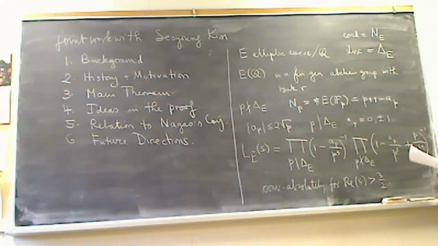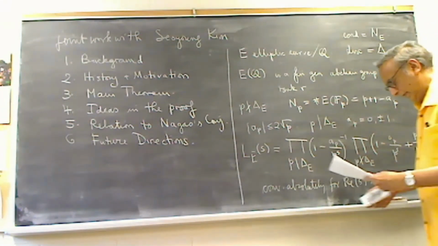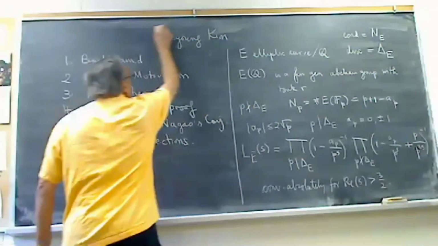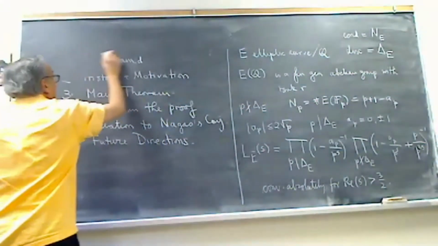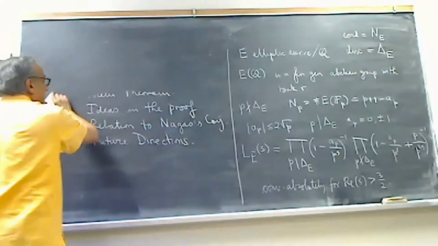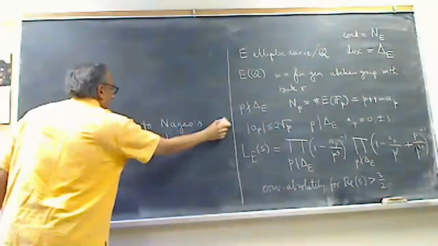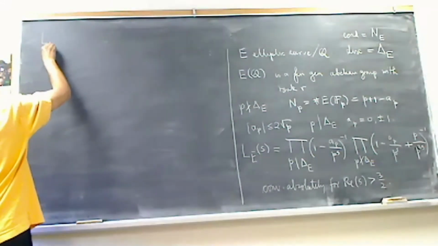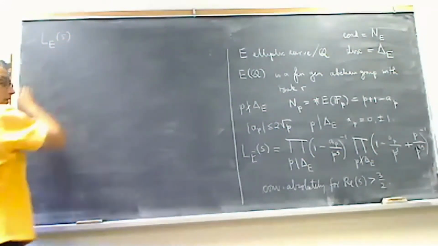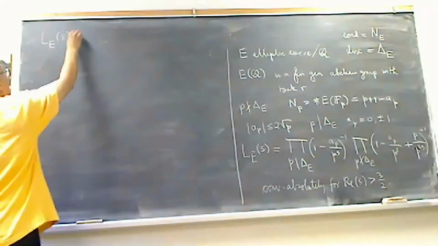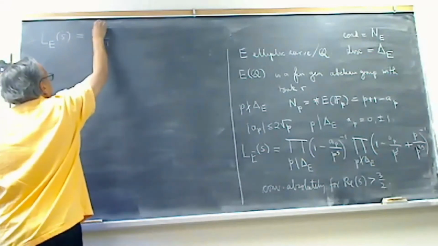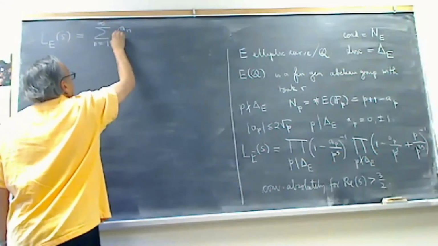And as all of you know, the infinite product can be expanded into a Dirichlet series. Is this visible? Yes, okay, good. L_E of s is the sum from n equals 1 to infinity of a sub n over n to the s.